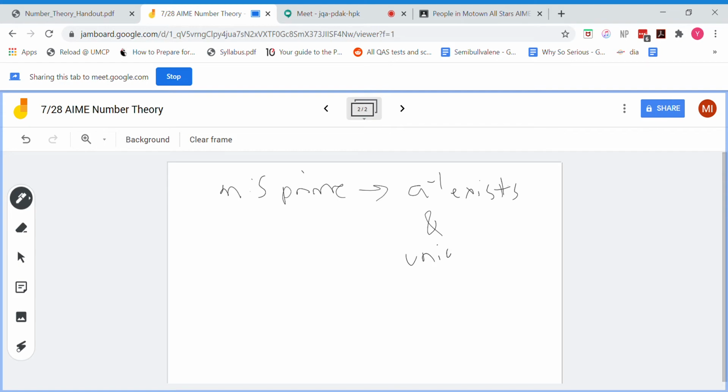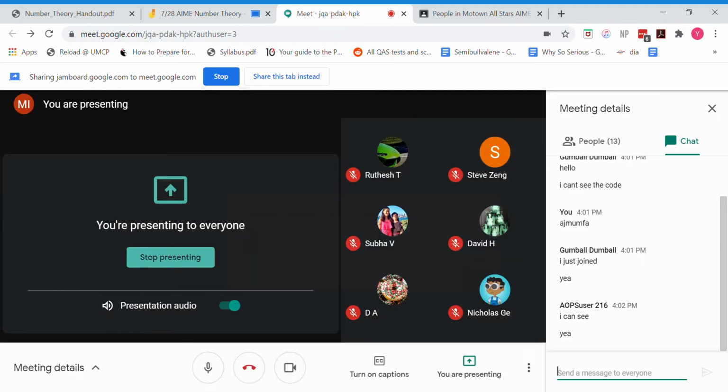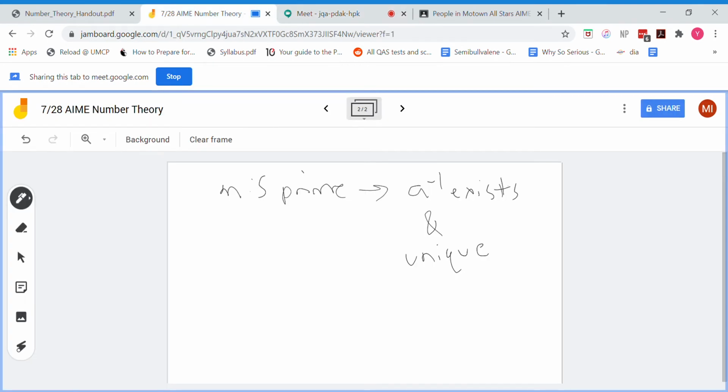So for any A, there's exactly one inverse. This is also true if the GCD of M and A equals 1. If M and A are relatively prime, A inverse exists and it's unique.